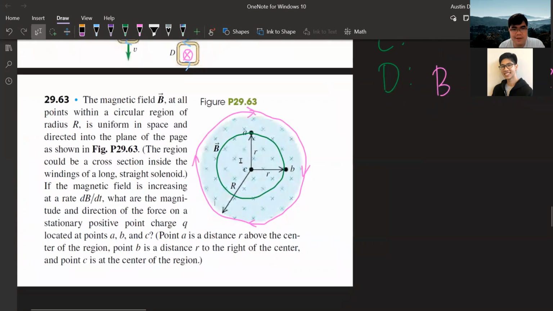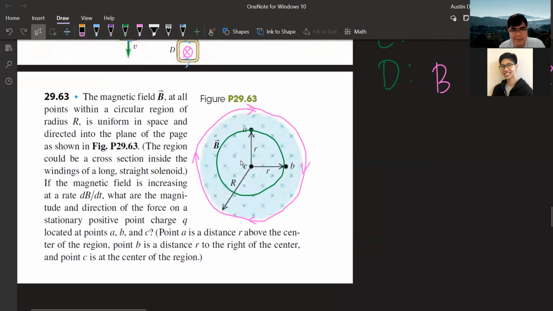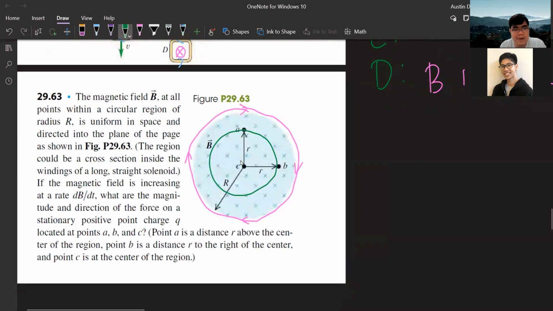So, kung nag-i-increase yung into the page na magnetic field, yung wire natin na green would counteract that. They'll counter that magnetic field. So, ang mangyayari ay magkakaroon siya ng counterclockwise na current. Okay? So that it can produce a field that is going out of the page para ma-cancel na yung increasing into the page.